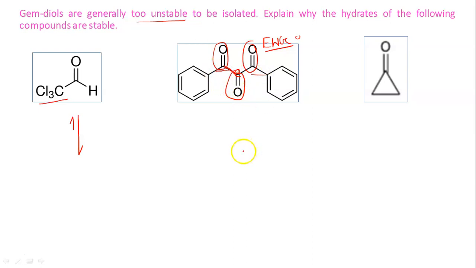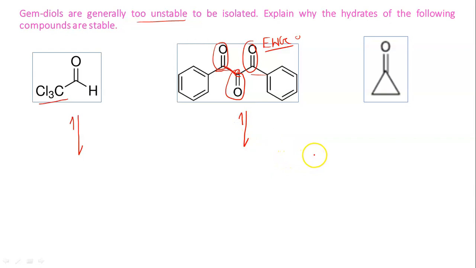Fine. So because of the presence of this electron withdrawing group, that is carbonyl, except the carbonyl which will be the attacking center, the two extra carbonyls act as electron withdrawing groups, and this will favor the hydrate formation. So here also the equilibrium will be more towards the hydrate side, not the carbonyl side.